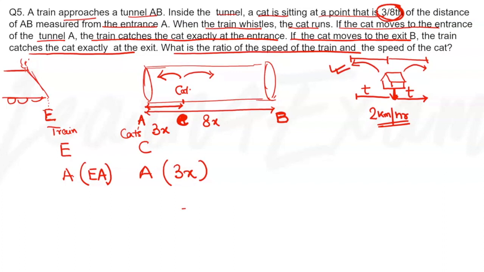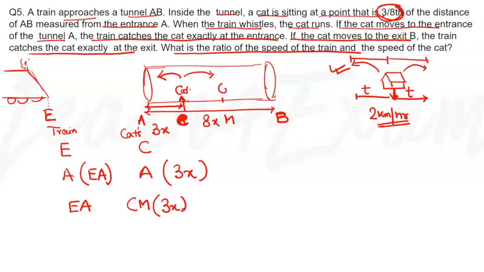So if the train now travels EA, the cat now travels to a new point, let's say M, and the distance he would be covering is CM, or 3x from point C.